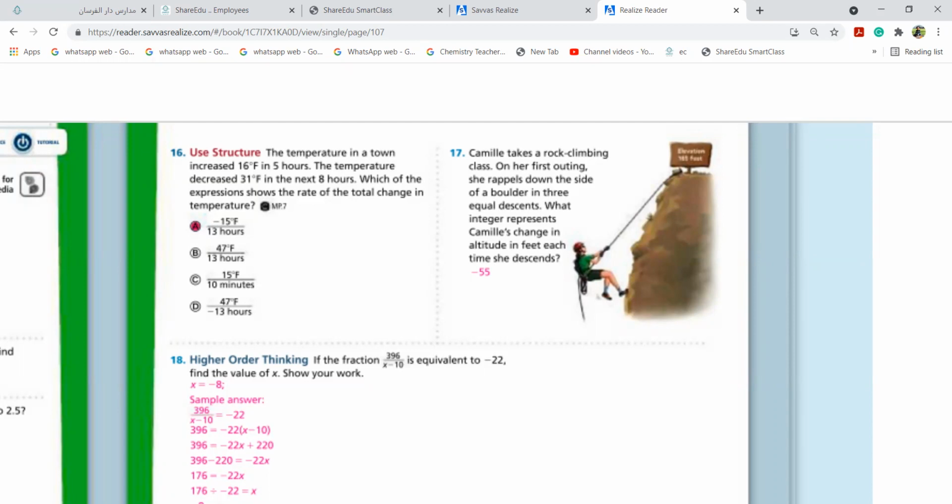What is 81 divided by 9? 9. Very good. This is 4. Then multiply with the sign, what do you get?